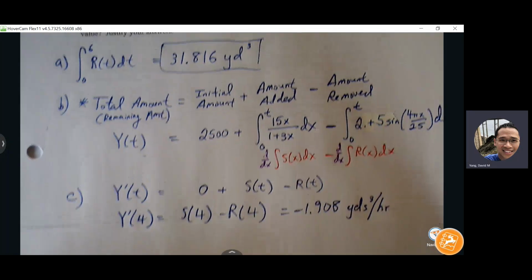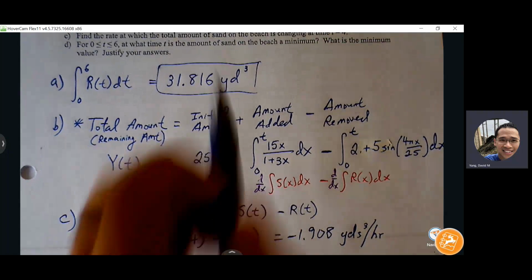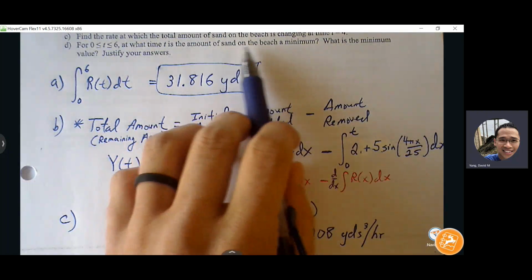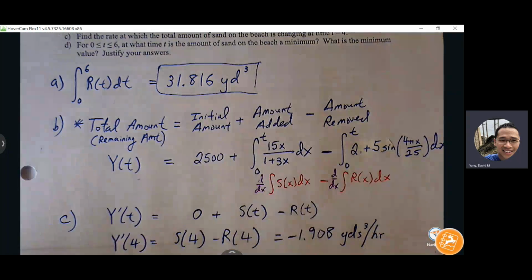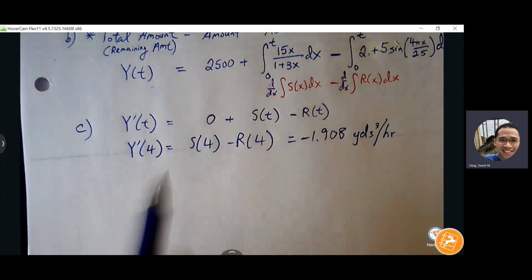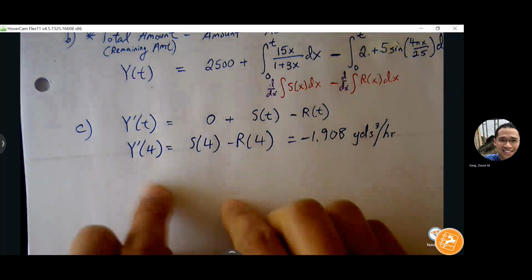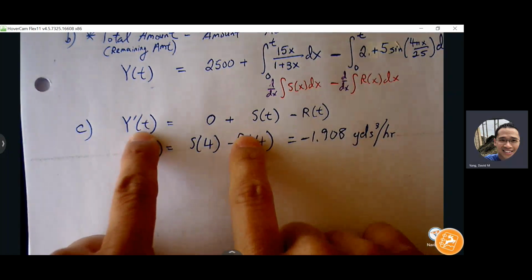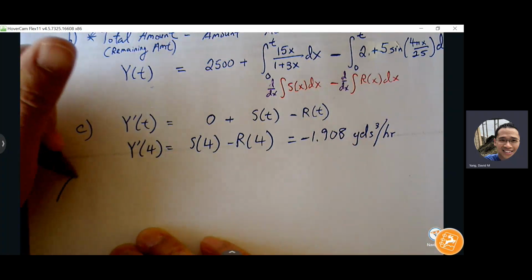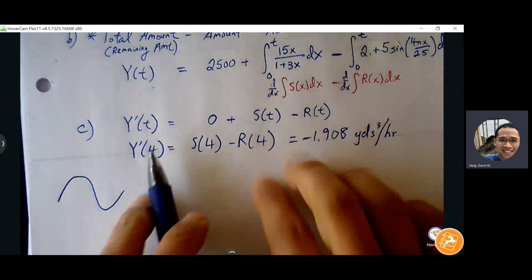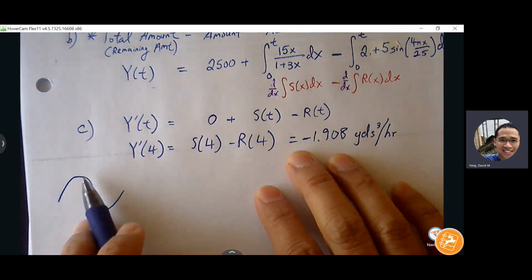Okay, for part D, between 0 and 6, at what time is the amount of sand on the beach a minimum? Okay. When is it at a minimum? We talked about yesterday how if we want to find max and min, we just set the derivative equal to what? 0, right? Now it could be a max, but we know that when slope equals 0, there's potential for a minimum.